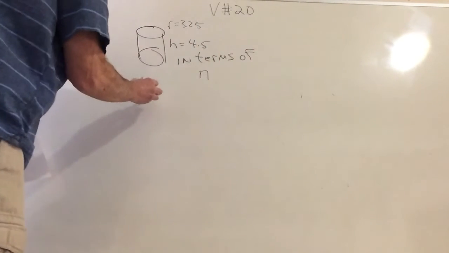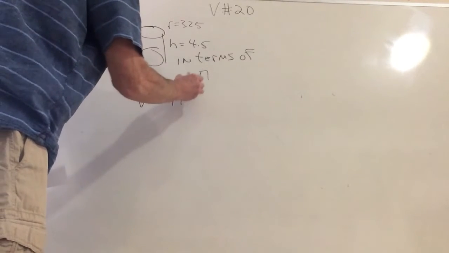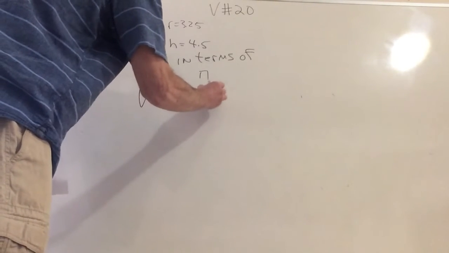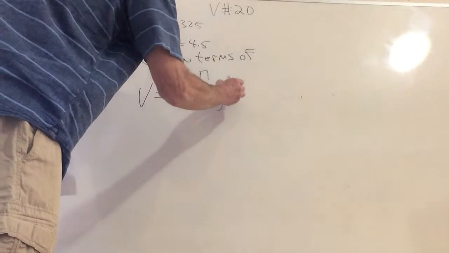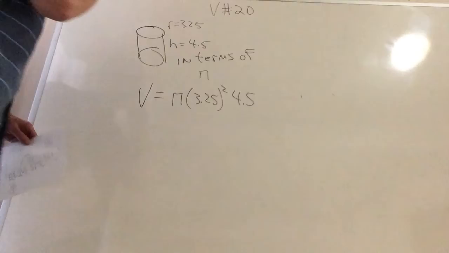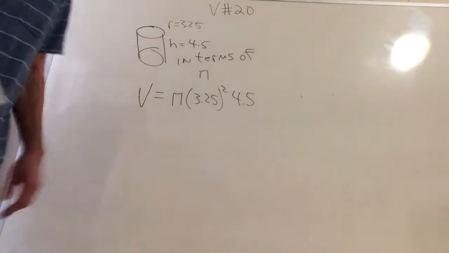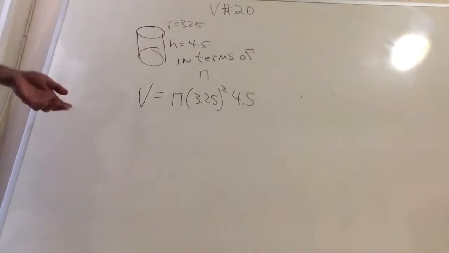When I plug in the numbers, it's pretty obvious to anybody with any common sense that this requires a calculator. So there you see the numbers. I mean, this is ridiculous. There's no point in trying to do this without a calculator.